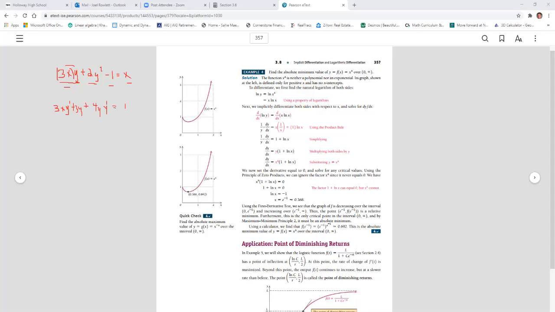So that's going to leave me 3x y prime plus 4y y prime equal to 1 minus 3y.